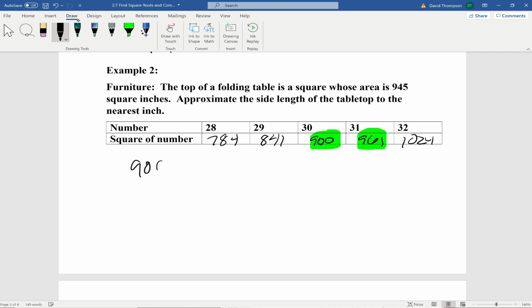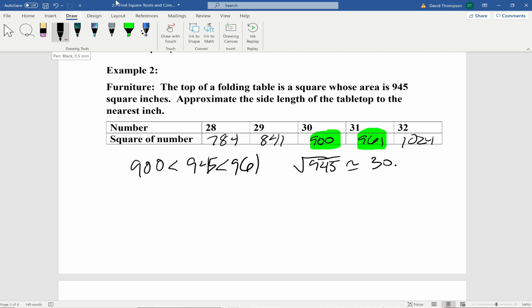So we could say 900 is less than 945, which is less than 961. So the square root of 945 has to be approximately 30 point something.